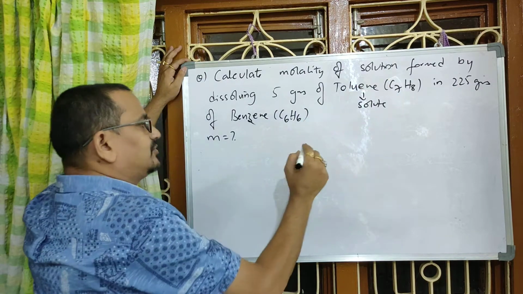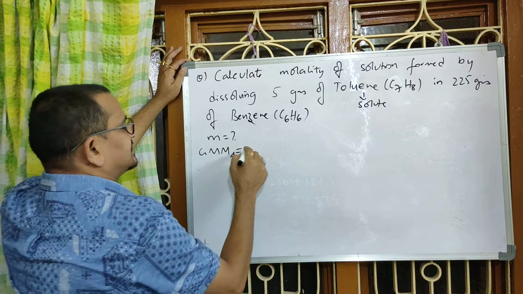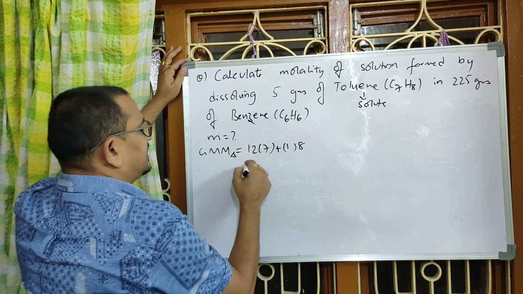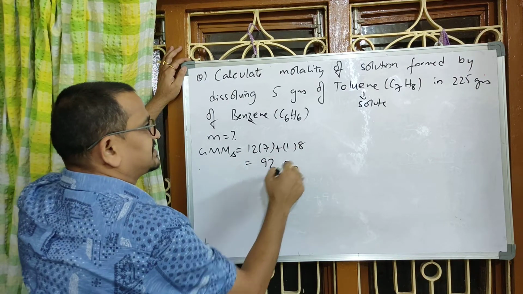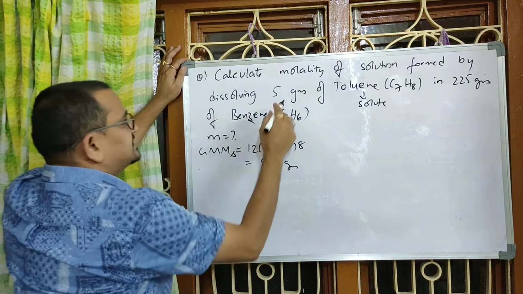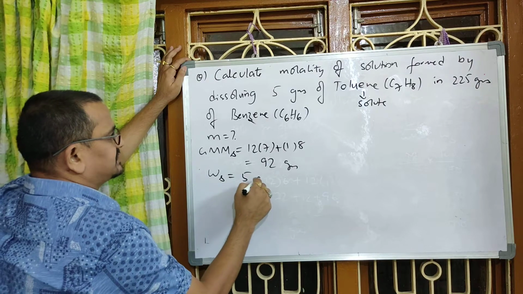Toluene is the solute. Solute is specified, no? Its gram molecular mass is 12 into 7 plus 1 into 8, right? 12 7s, 84, plus 8, 92 grams. And we have 5 grams of toluene, so the weight of solute is 5 grams.